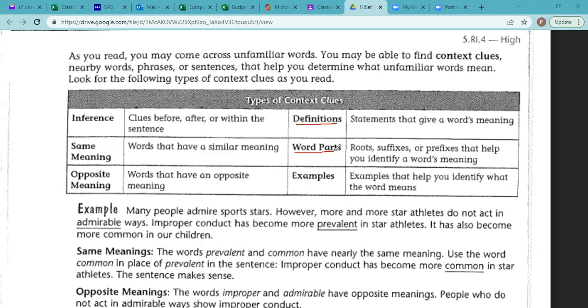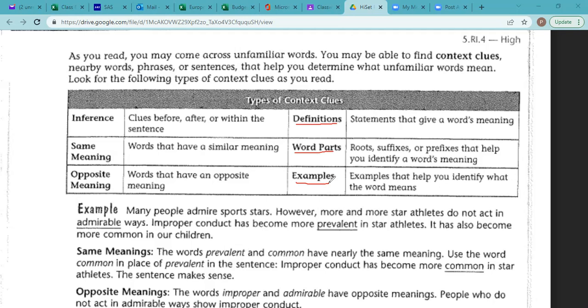Okay. And then we have examples. Now we are studying right now about main ideas and details. So some details, of course, would be examples, statistics. Okay, so that's just to name a few, statistics, examples, and we'll look more into that.